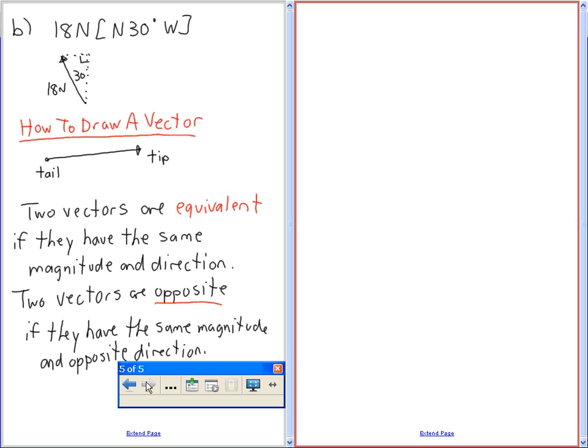Example 2, let's go. Say in parallelogram ABCD.